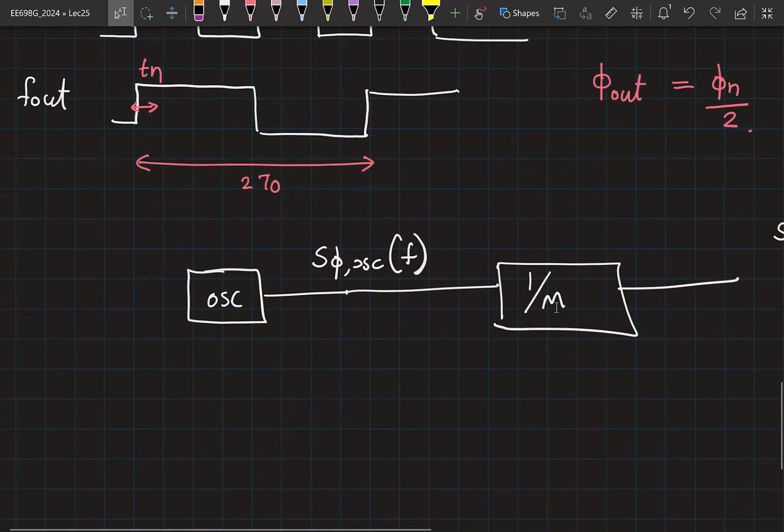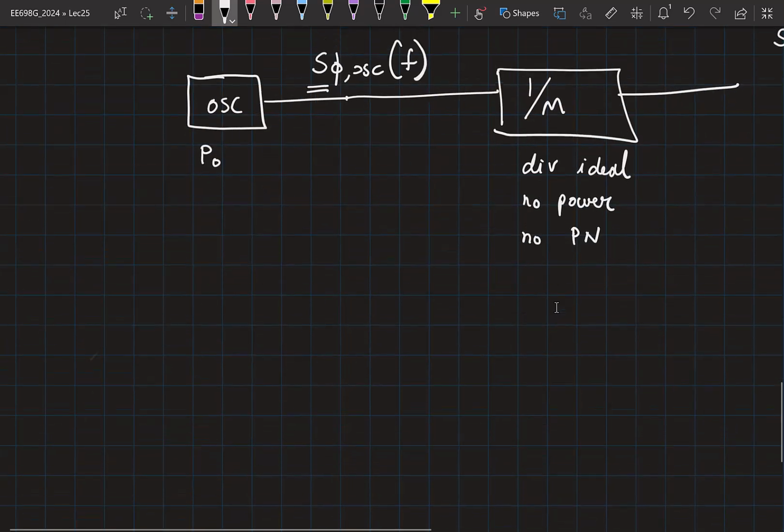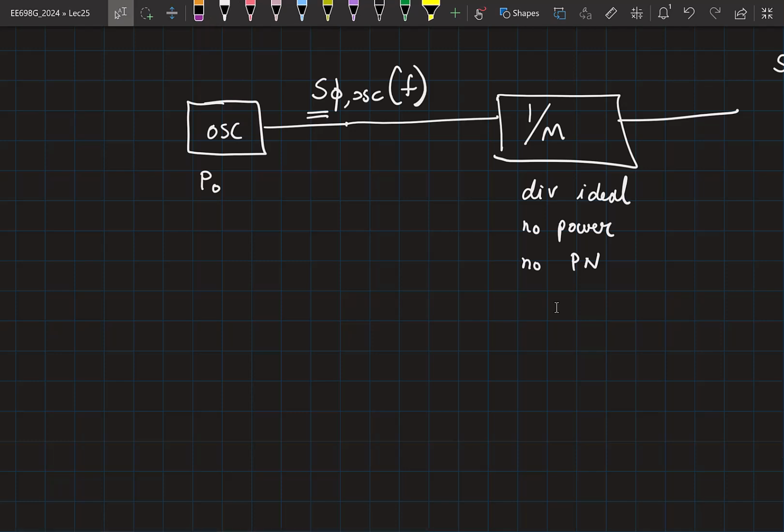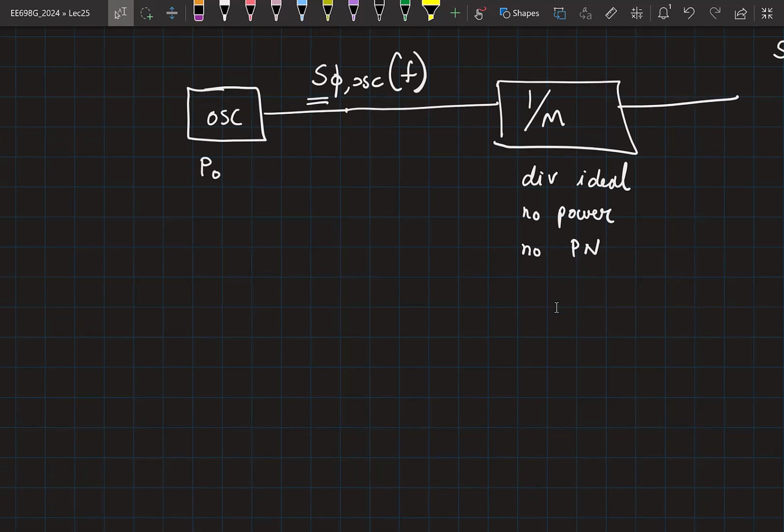So what I am telling you now is, I am assuming that the divider is ideal. This takes no power. It is adding no phase noise, and let's say this has some power P naught and has this phase noise profile. That assumption of no power is very off, I agree. Assuming no phase noise is still reasonable.